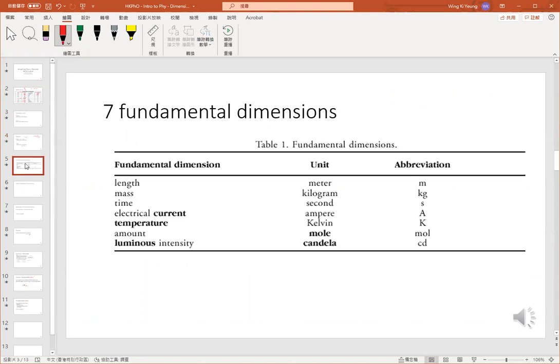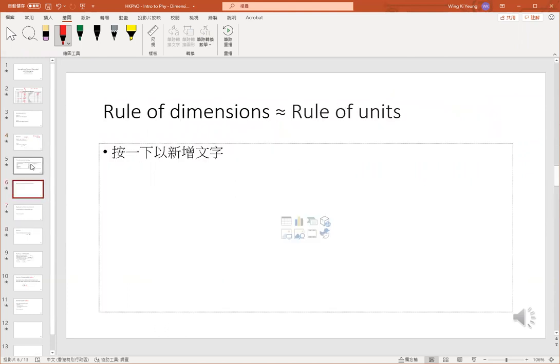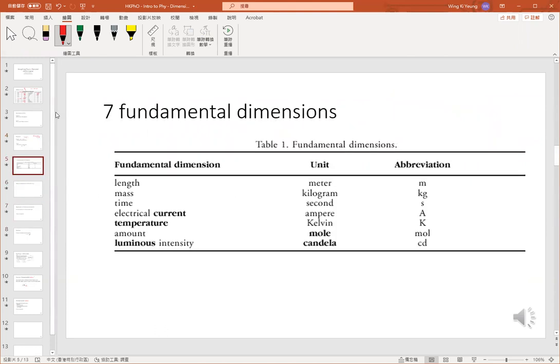So why are we going to learn dimensional analysis? I'll give you an example later on. Now we only have 7 fundamental dimensions.